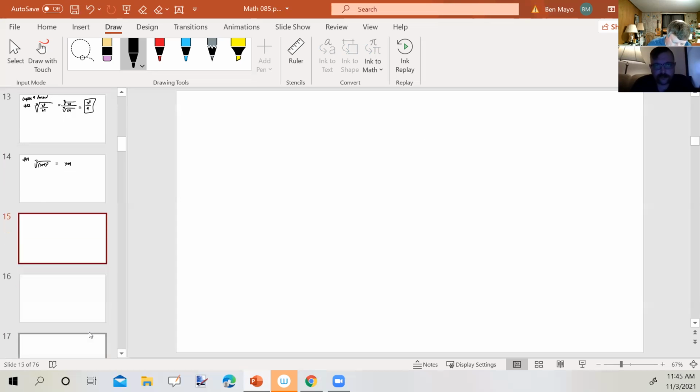Number 17 coming up. It says the total surface area of a cube is related to its volume v by the function A of v equals 6 times the cube root of v squared. Find the surface area of a cube with a volume of 64 cubic inches.